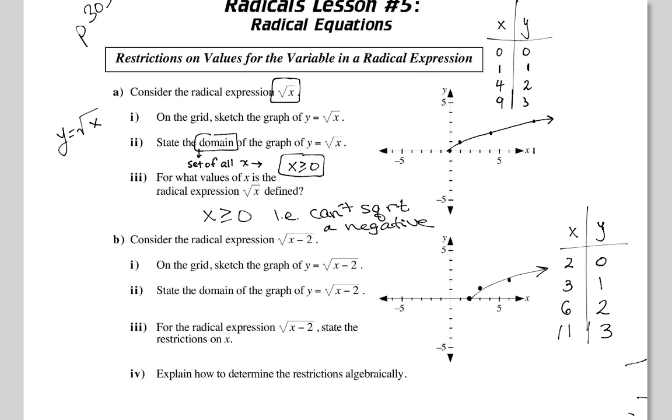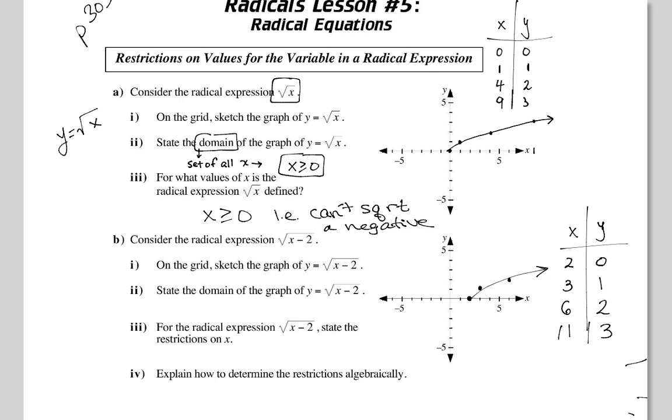What's the domain of that relationship? What's the domain for that graph? Remember, the domain is all the possible x values that will work. Can you be left of 2? But can you be right of 2? Yeah, and can you be 2?